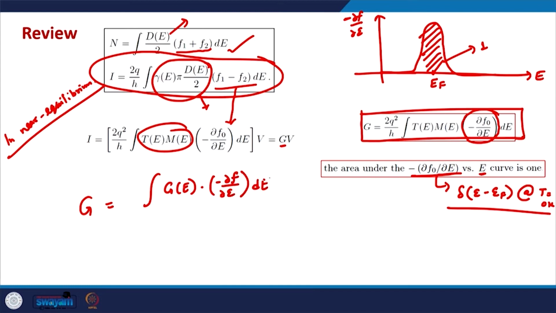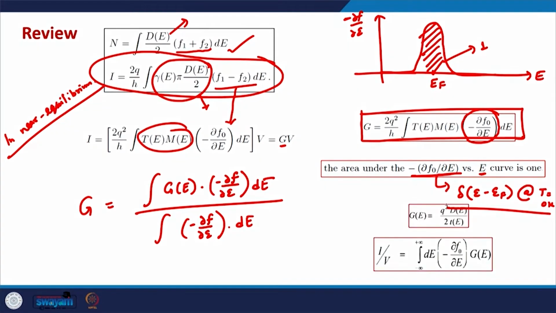So this is how we can write down the total conductance of the device, integral of G(E) times minus del F by del E times dE, where this conductance function is given by this general expression, q square divided by 2 tau(E), where tau is the characteristic time, and it is different in ballistic and in diffusive cases. In both cases it is different.